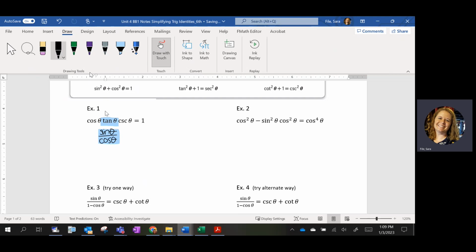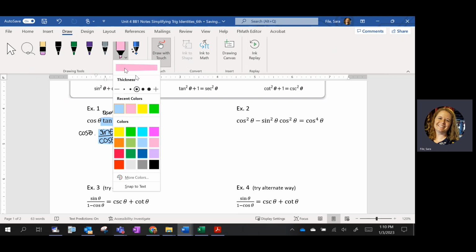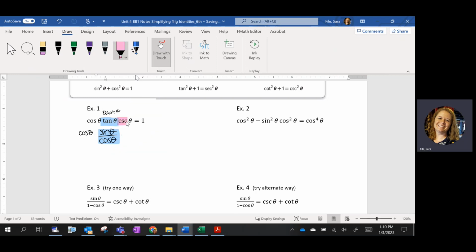Okay, and like I said, I'm going to make little side notes as we go. This is the quotient identity. So I'm using the quotient identity there. Cosine is still here. We didn't replace it. Now, is there something I could replace cosecant with to put it in terms of sine or cosine?